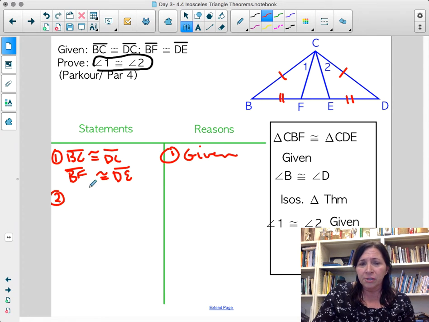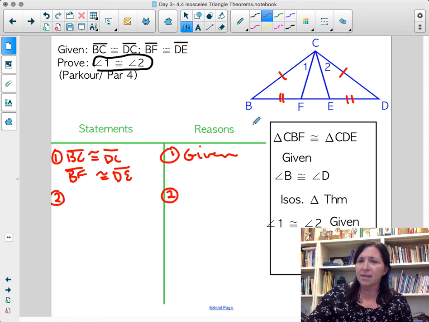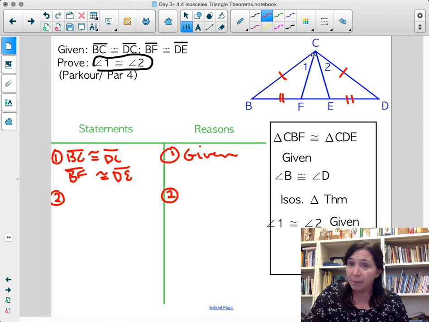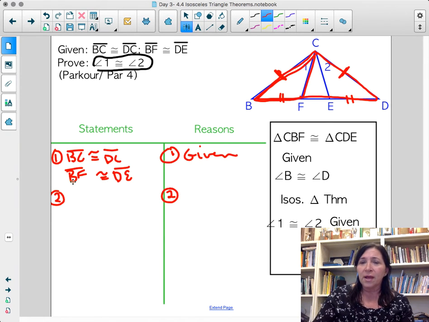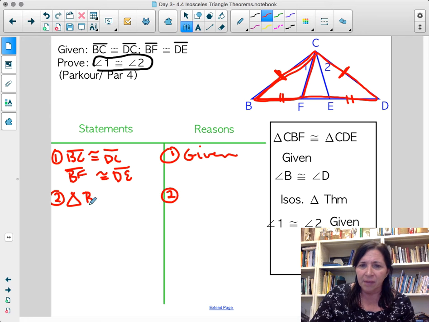Well, number 2 is something that I think, remember, I'm trying to prove these two triangles congruent. I'm trying to prove this congruent to this over here. Don't discount that, do you see this right here? Those are two sides in a big triangle, right? So we actually know that triangle BCD, or I could say CBD, you can say it any different way, but I'm going to say BCD is isosceles.